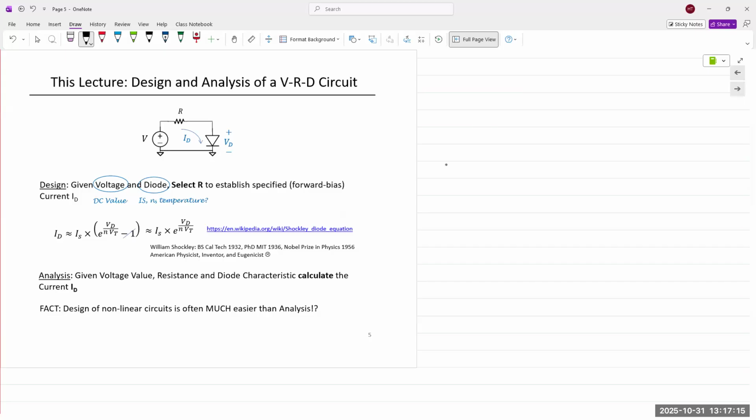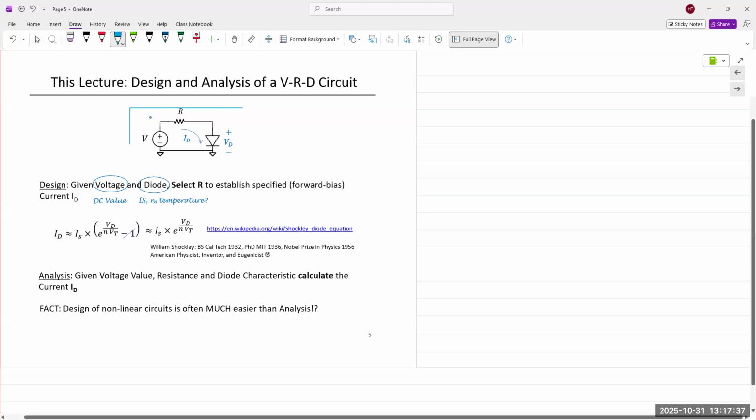The resistor is used to limit the current, hence VRD. This forms a series circuit, and so the current that flows through the circuit is the same for all.